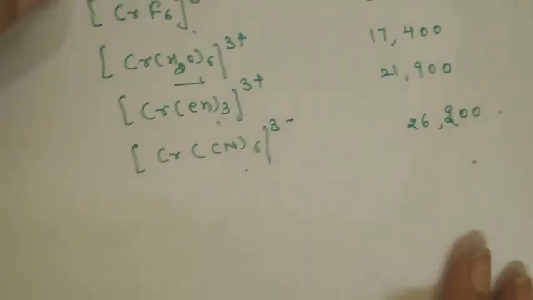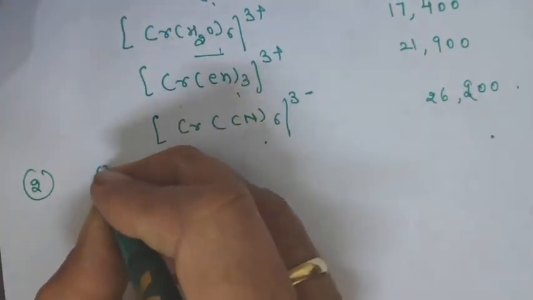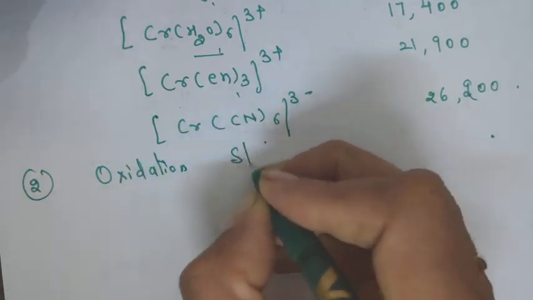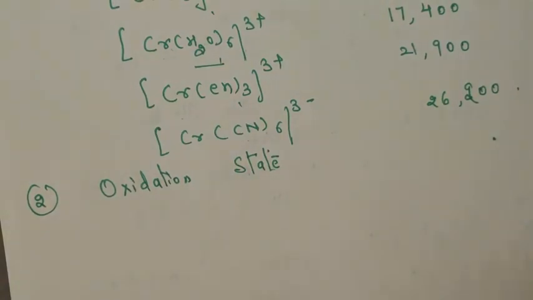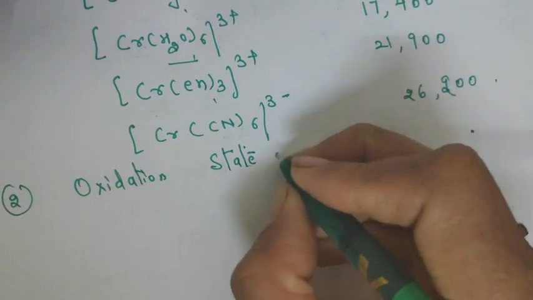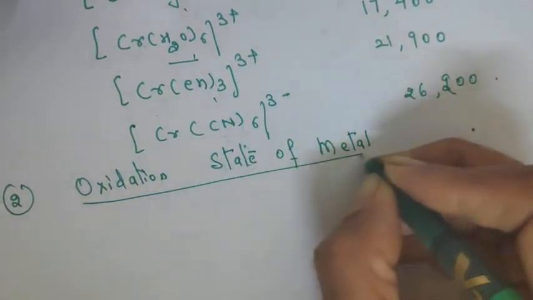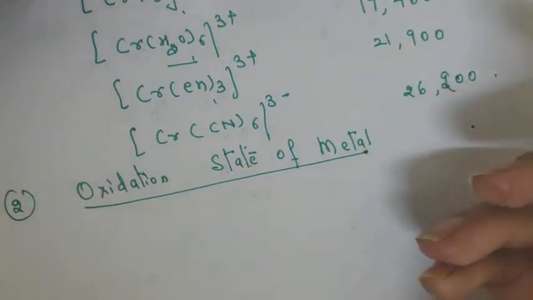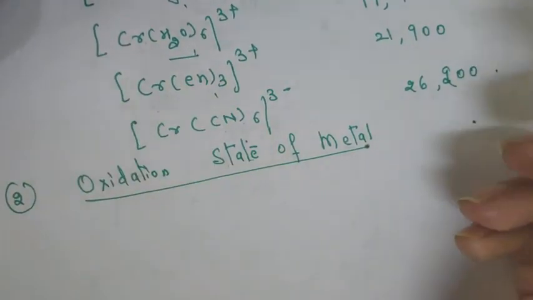Now we will discuss the second factor, that is the oxidation state of the metal. If a metal is present in different oxidation states, then larger the oxidation state of the metal, larger will be the crystal field splitting caused by it.